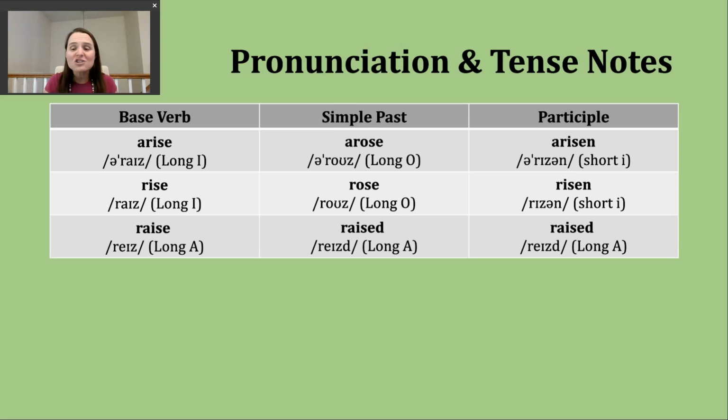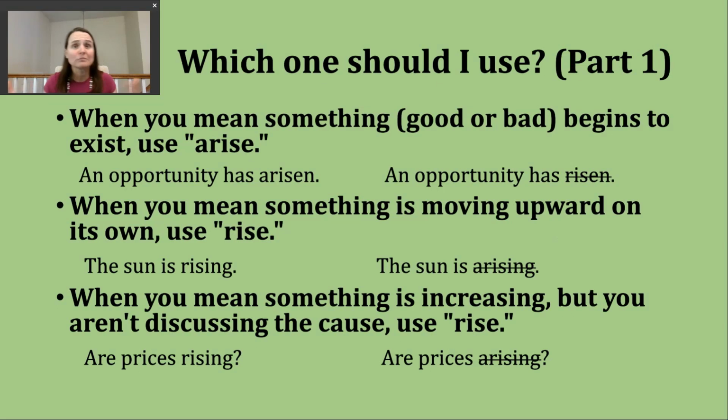But now let's get into a bit of a discussion about which one should I use. Okay, so if you're writing or you're speaking and you're trying to indicate that something, and this could be something good or something bad, has started to exist or is beginning to exist, then use the verb arise.